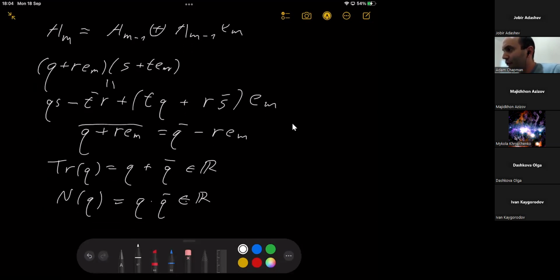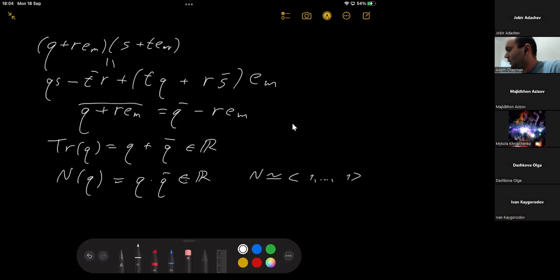The norm form is a quadratic form, and the norm form is always isometric to a diagonal form whose coefficients are 1, if you just take the sums of squares.